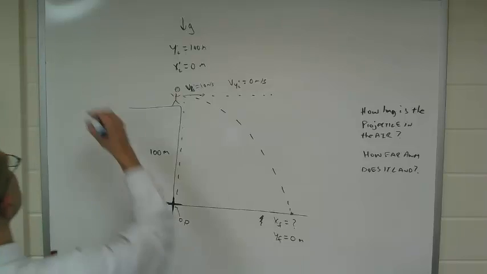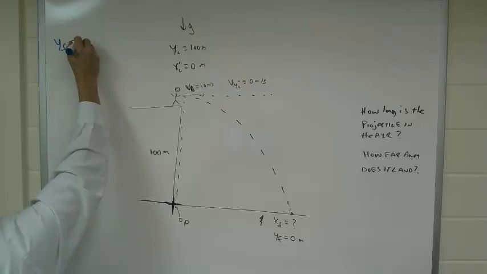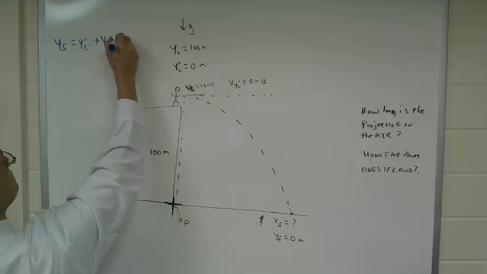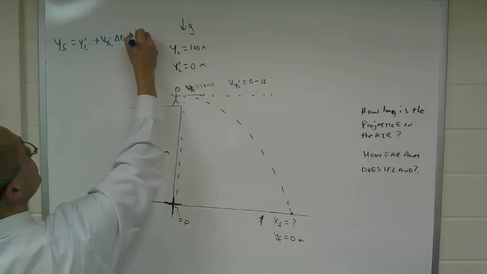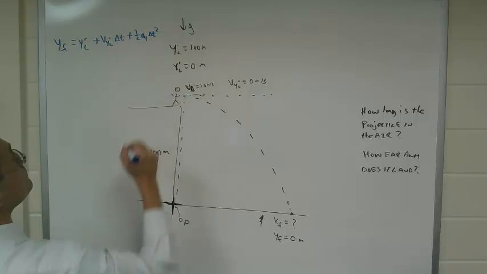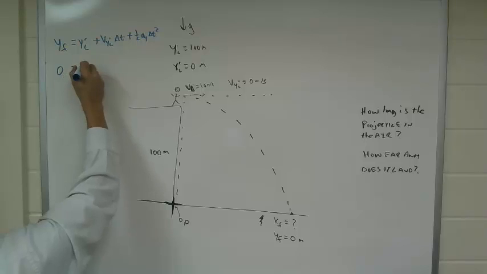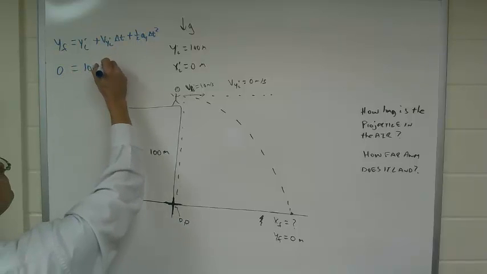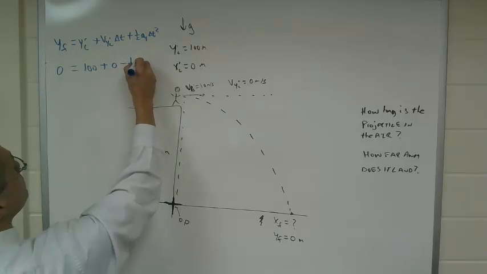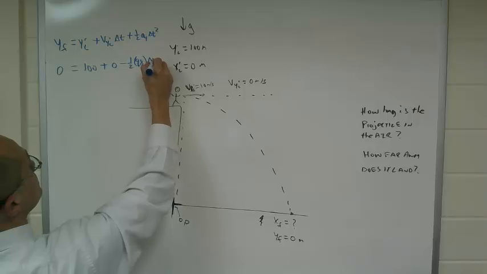Well, we can use the fact that y final is y initial plus v y initial delta t plus 1/2 a y delta t squared. So we know y final is equal to 0, y initial is 100, we know that that term is 0, and then we have minus 1/2 of our 9.8 times delta t squared.